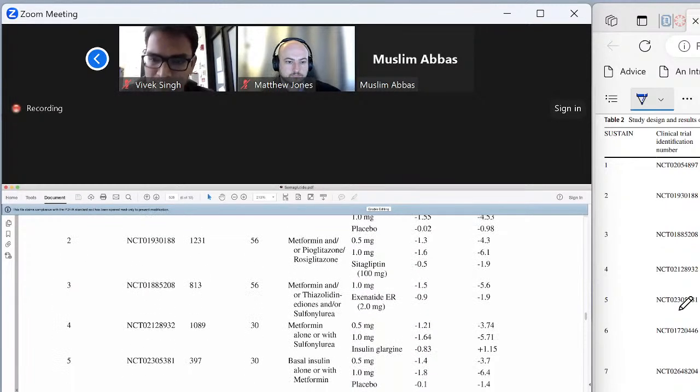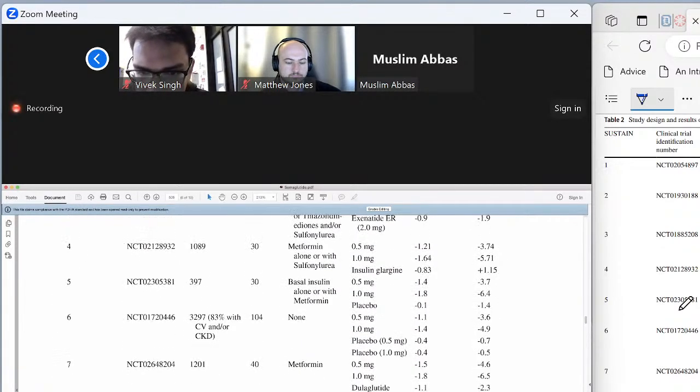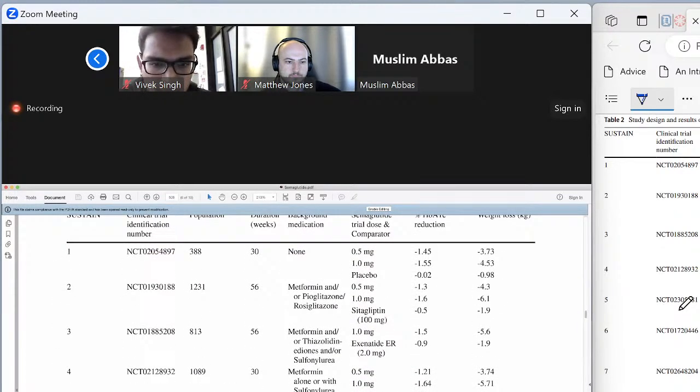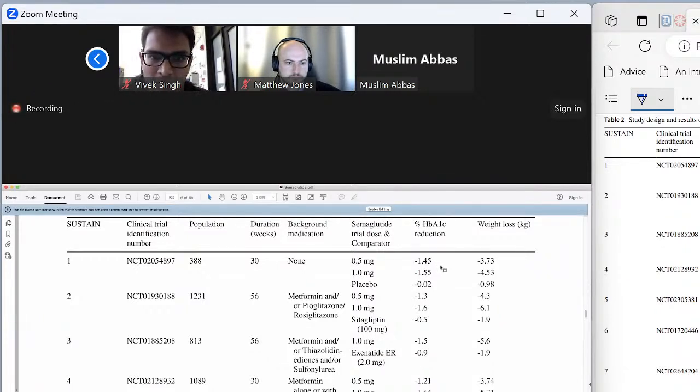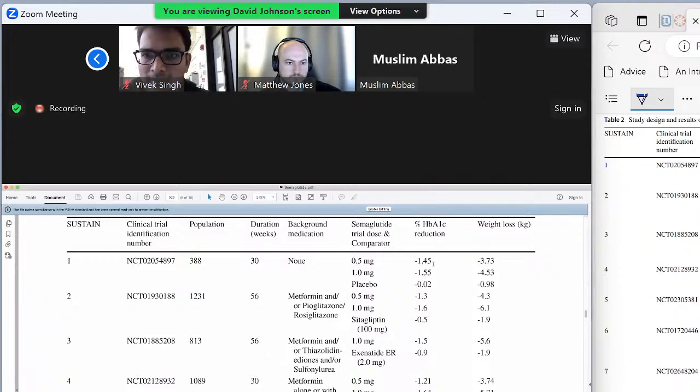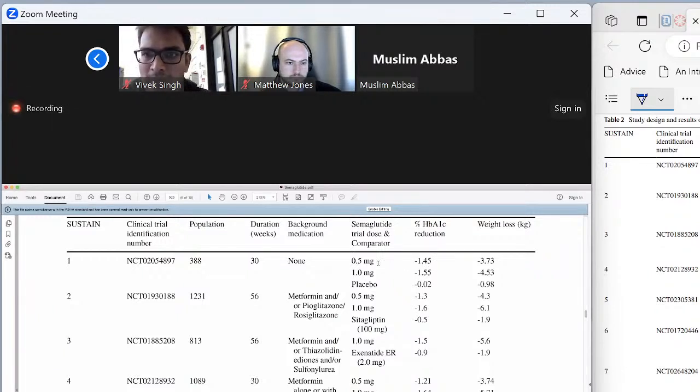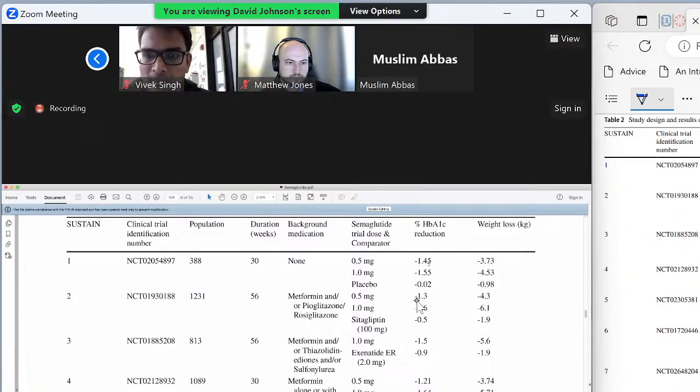Let's see here. Another thing I want to look at is this chart. You notice that for the different doses, in these studies, they have the semaglutide, and looking at this first one, 0.5 milligrams, you see an A1C reduction of 1.45, and then there's this comparator.